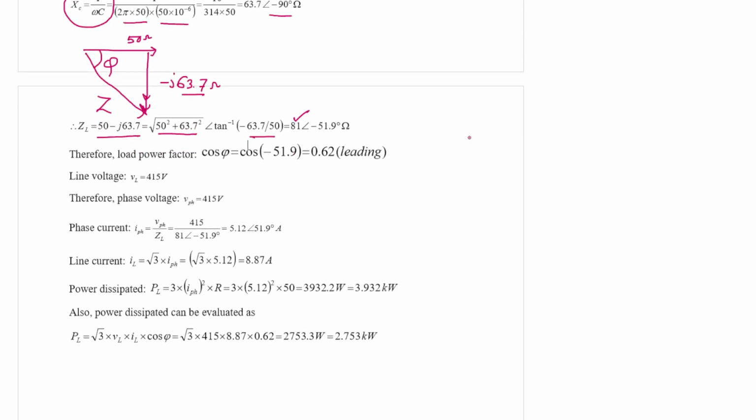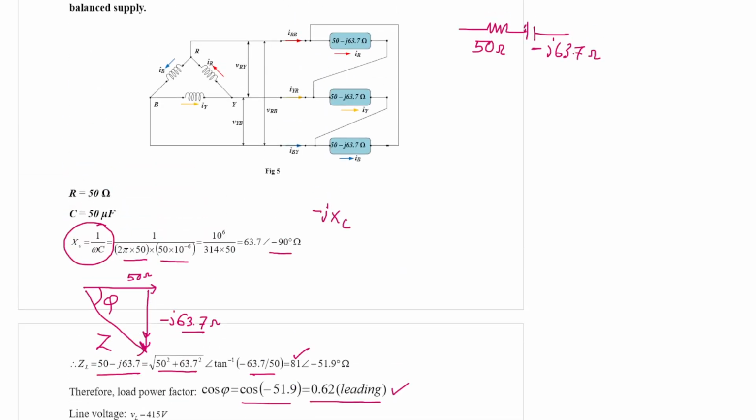So, same as the previous problem, the same calculation: the load power factor is cosine of minus 51.9, which is 0.62. This time it is leading because a capacitor is there.